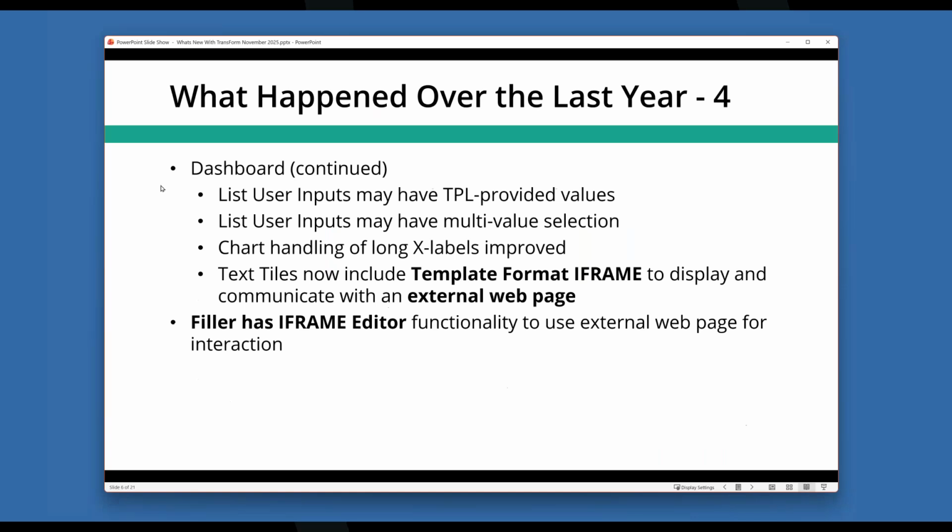When you have these user values and you get a drop-down list or a button list, they now can have TPL provided values. In other words, you're going to be able to programmatically change what the list is. Previously, the list was a fixed, static list of choices.